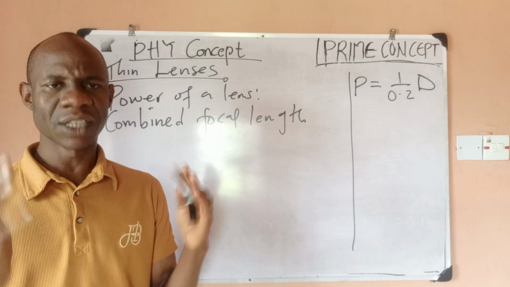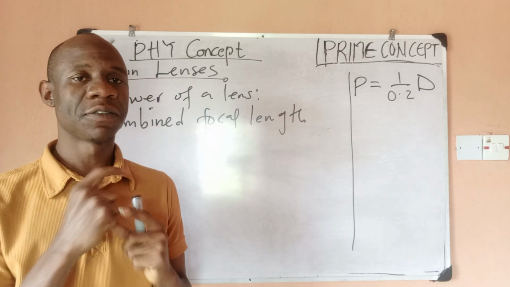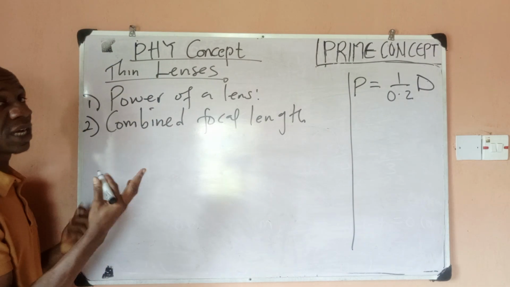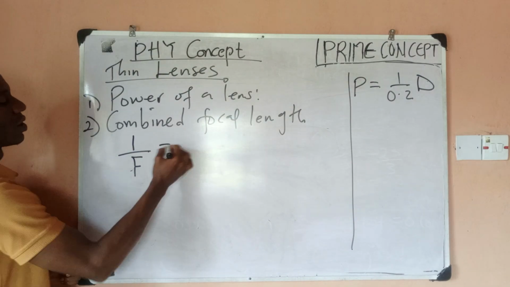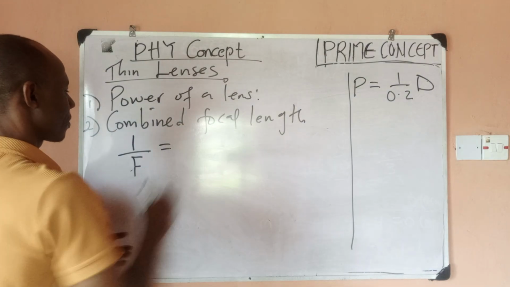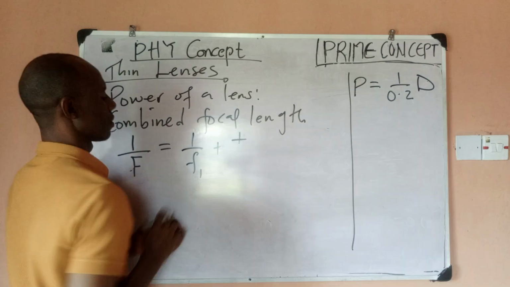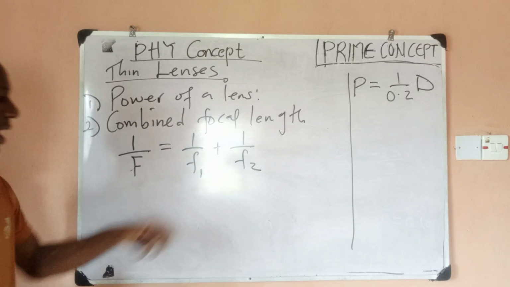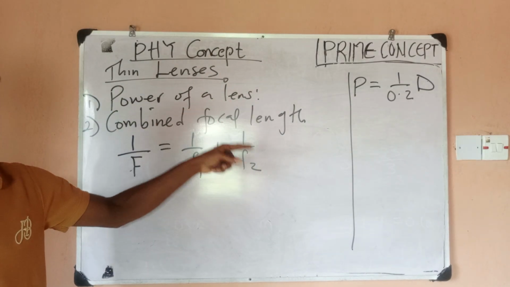So when you have two lenses that are combined, how do you find the focal length of the combination of those lenses? It's very simple. The combined focal length, which you can also call equivalent, is given as 1/f = 1/f1 + 1/f2, where f1 is the focal length of the first lens, and f2 is the focal length of the second lens.